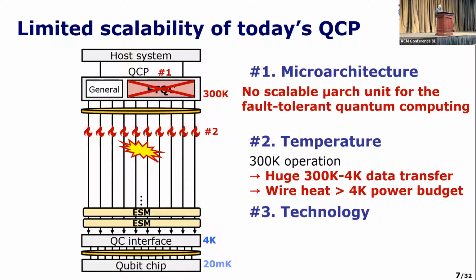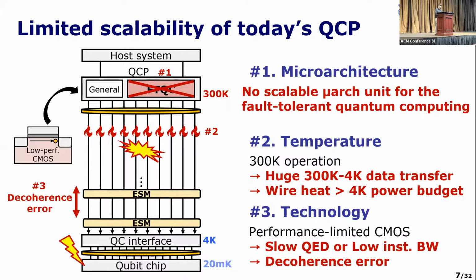Second, it operates at the room temperature. The increasing instruction bandwidth requires more 300 Kelvin to 4 Kelvin data transfer. The cables dissipate significant heat inside the power budget limited 4 Kelvin domain. Third, the slow CMOS technology can incur a huge decoherence error due to the slow error decoding or low instruction bandwidth.